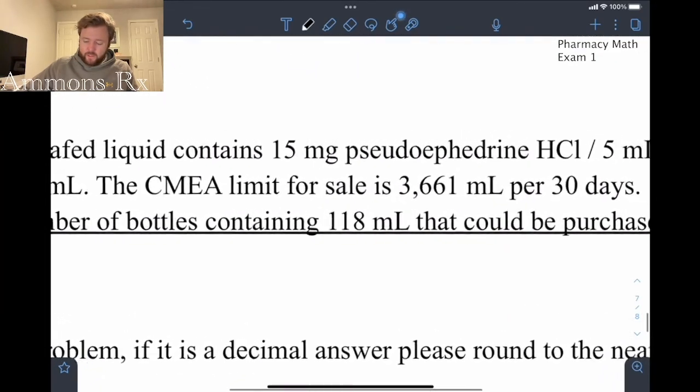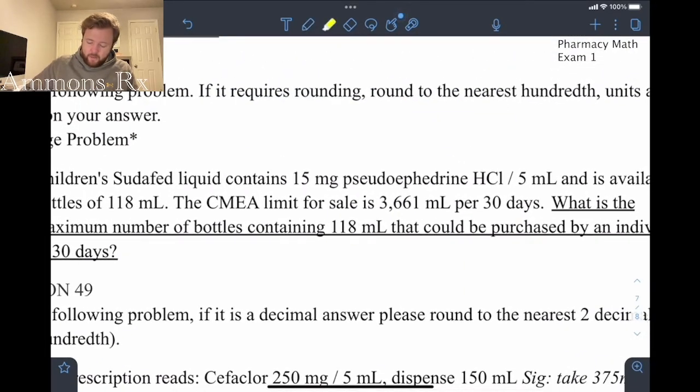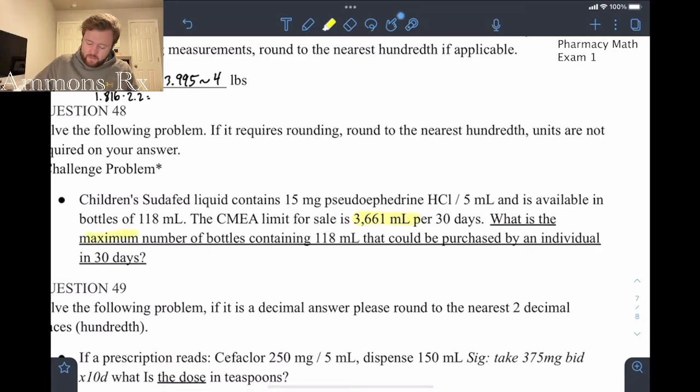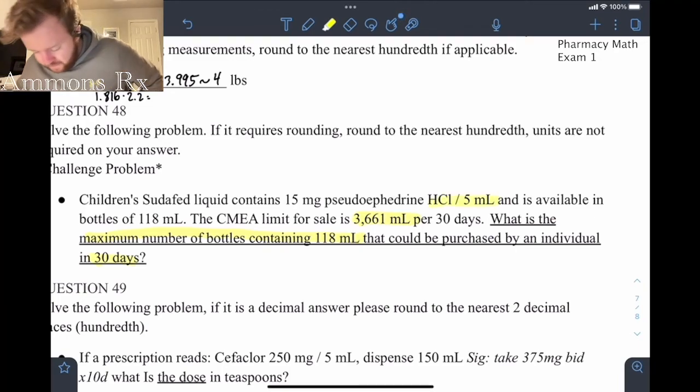All right, so here we got another CMEA problem with mils. What is the maximum number of bottles containing 118 mils in 30 days? So really, we don't even need milligrams in that situation because we have mils right there.